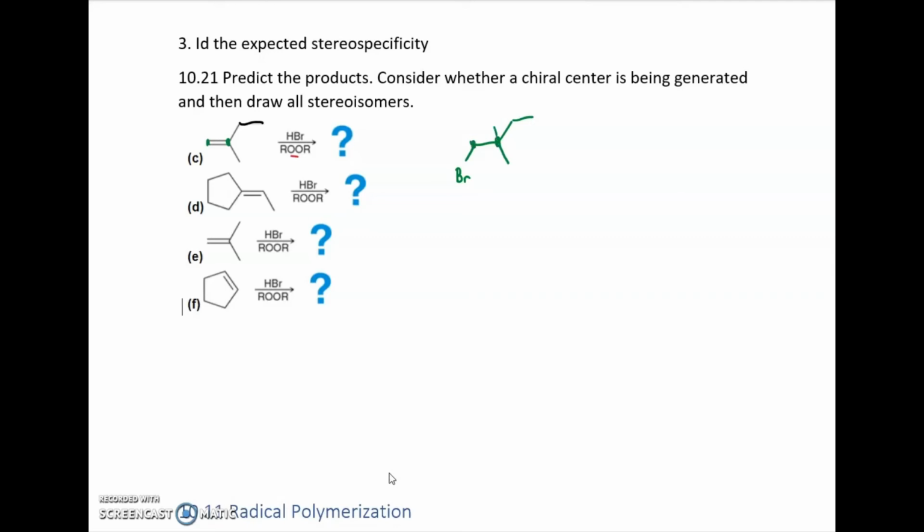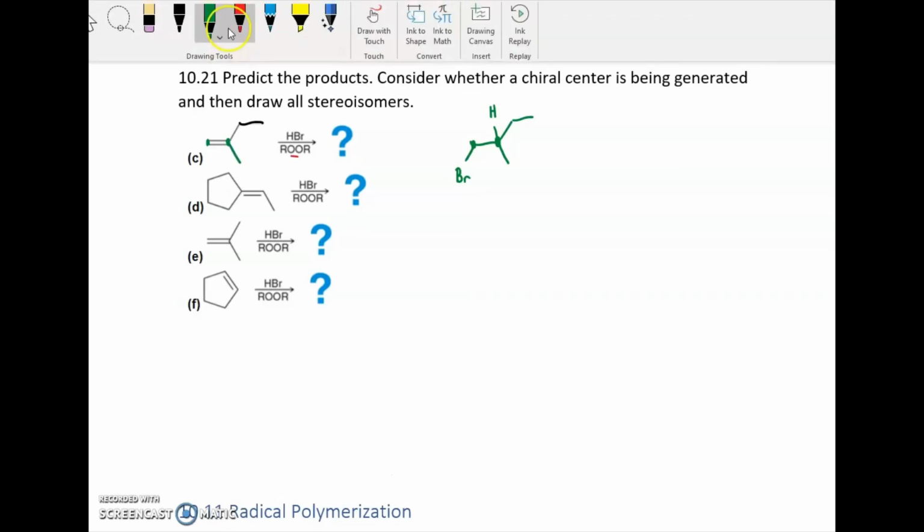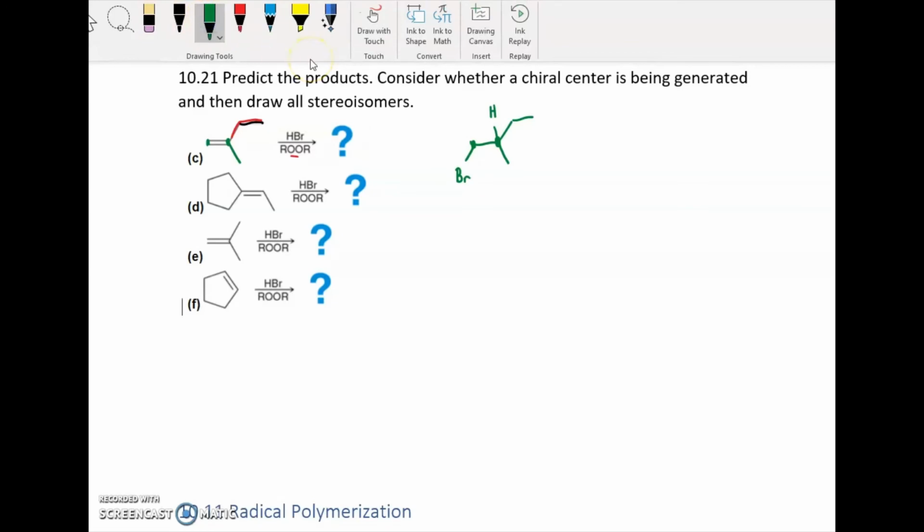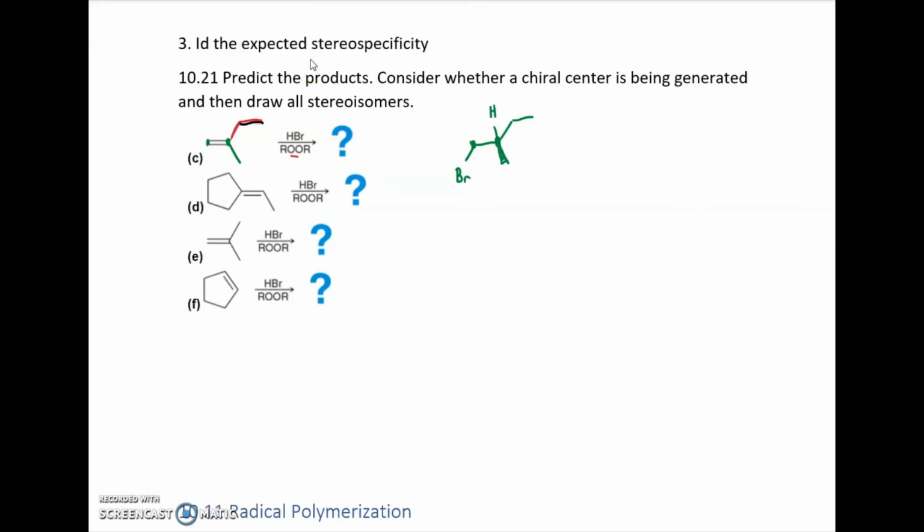And we'll have a hydrogen that's added up here. Now we need to consider whether we've made stereoisomers, and we in fact have, because these two arms are different from each other. This arm is different from this arm, and so we've made this compound with the methyl group up, and we've also made this compound with the methyl group down. So we've made two compounds here.